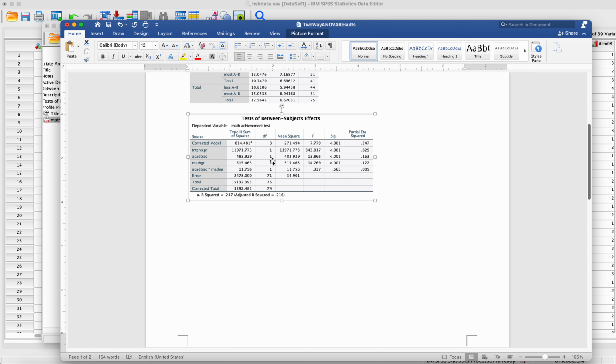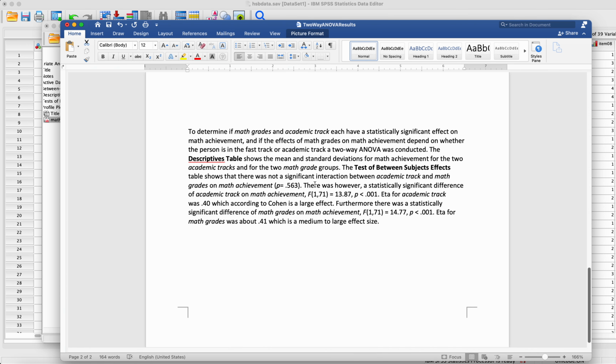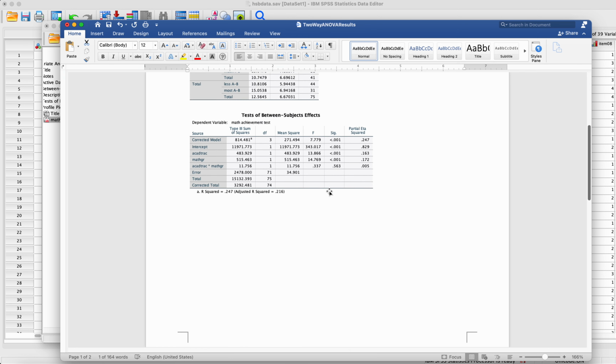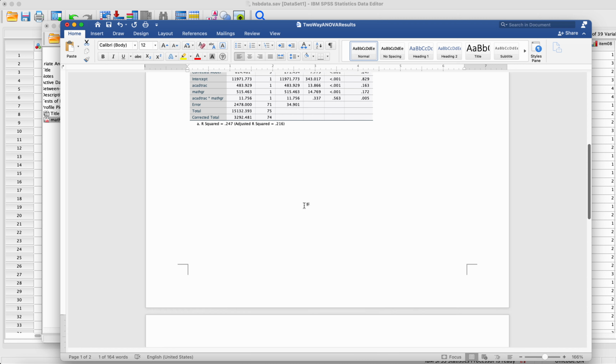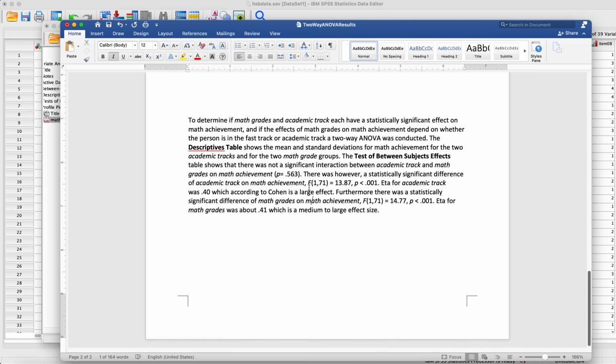I'm going to use the value of 1 for my degrees of freedom, and I'm also going to use the F value in this column to report it out so that I have the F of 1 comma 71. And notice the 71 is coming from the error line here. So I'm reporting that F value because that is important to report out. And I'm reporting the p-value, which the table just said was less than 0.001. And then the eta is 0.4.